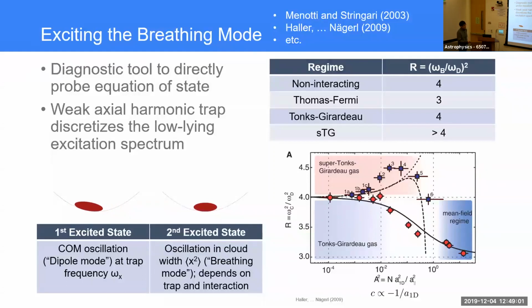Oh yeah, right. So in the Nägerl group's data, you can see that indeed, they started out from the Tonks-Girardeau regime, and then they started increasing C, and then fermionized the gas at roughly close to the CIR. And after performing the quantum crunch, switching the sign of the interaction from very large positive to very large negative, they observe indeed they have a superatomic gas because R is greater than 4.